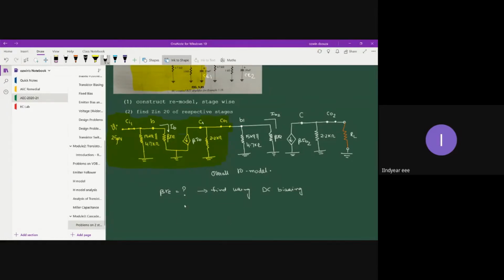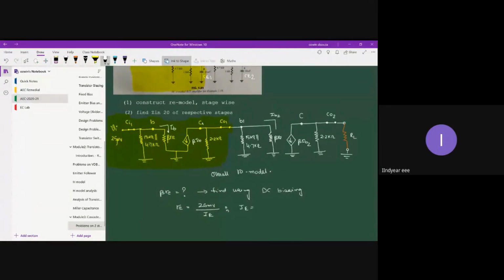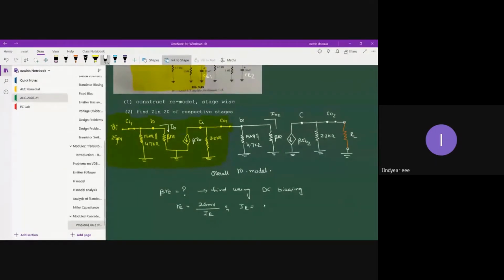First you find out RE. You know that RE is 26 millivolt divided by IE. It's a voltage divider bias circuit, hence IE is (VTH minus VB) divided by (RTH plus (1 plus beta) times RE). So this is how you can calculate IE.